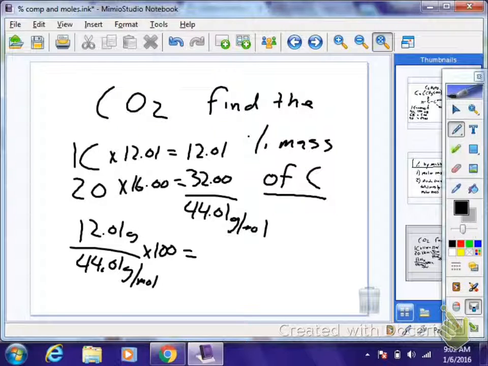Percentage is just a ratio in a way. It's based upon this, but we do it as a percent. So this ratio would be like 0.27 to 1 of the whole thing, but we do it as a percent, so it would be 27.29%. Any questions? That's all you do.